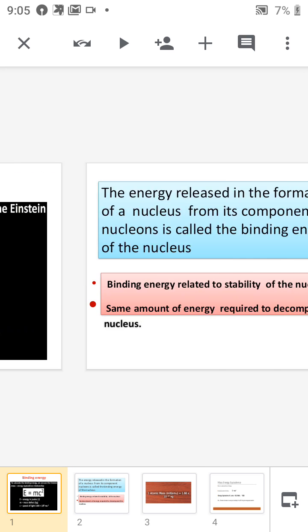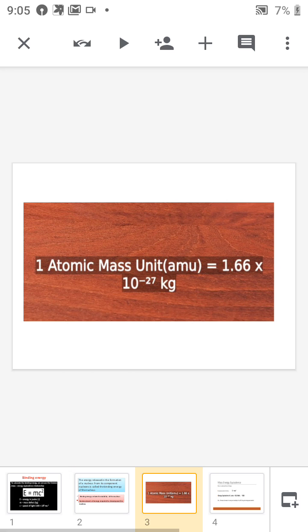So there is a relationship between the AMU and the kg. 1 AMU, that is 1 atomic mass unit, is equal to 1.66 into 10 to the power minus 27 kg. This relationship is very important while doing binding energy problems, so we have to learn this equation by heart.